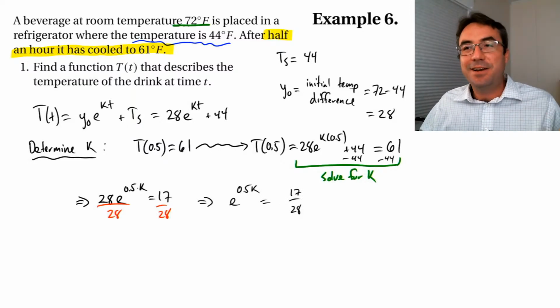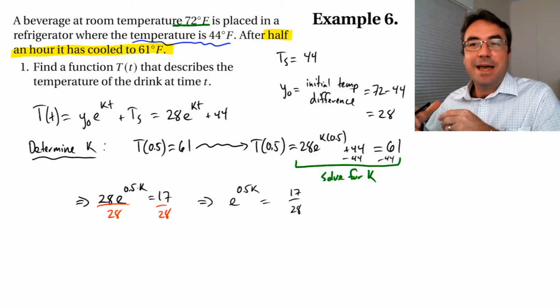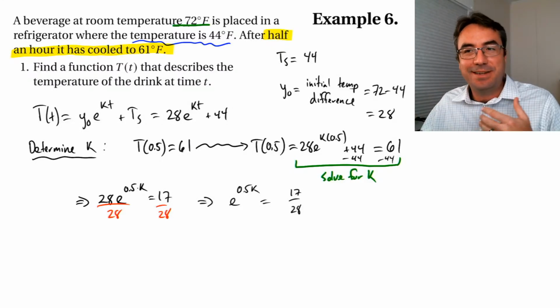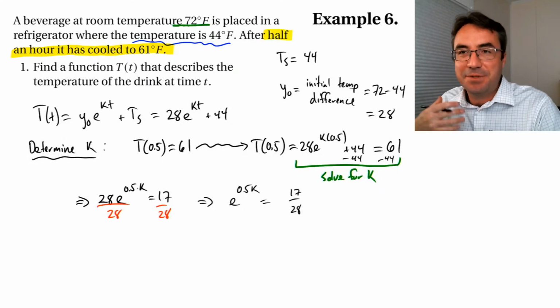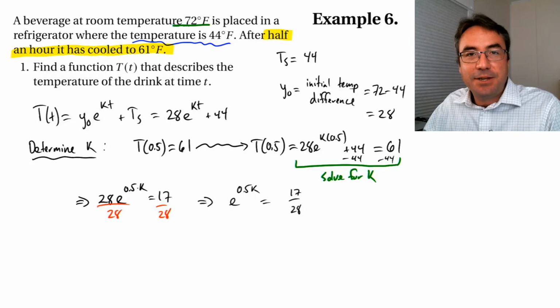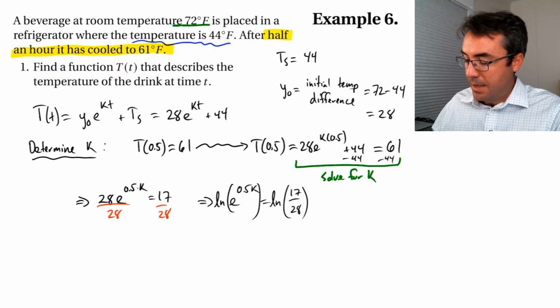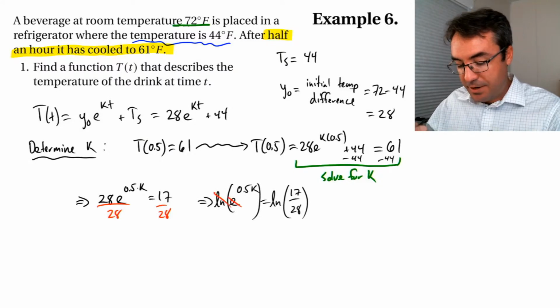Once you get to this point, once you unravel the word problem, actually solving the equation feels like a lot of the same steps for all of these. We want to get rid of the exponential function. How do we do that? We apply the natural log to both sides, because e and natural log are inverse functions.